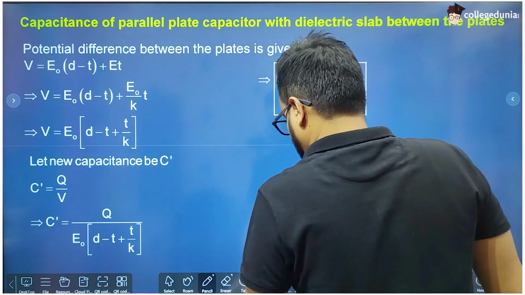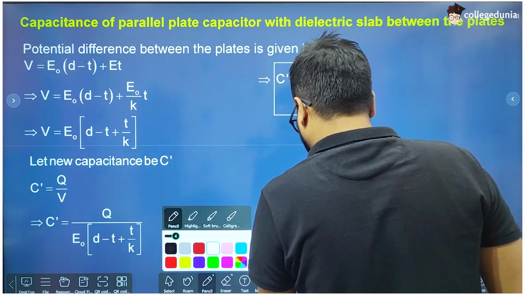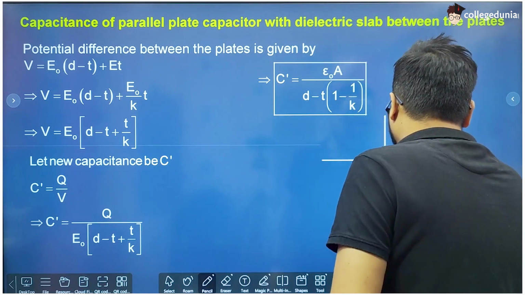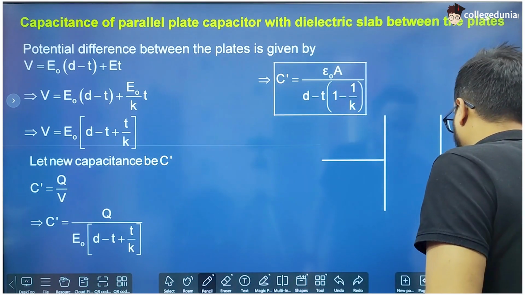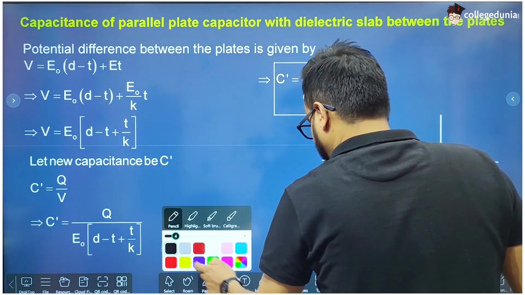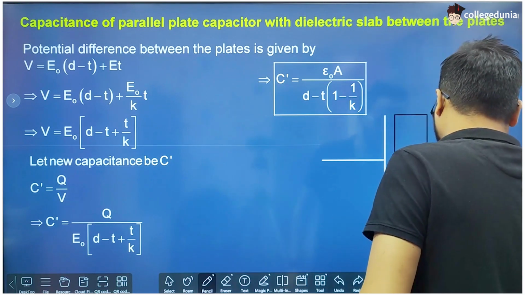So we have a very important derivation in which we are going to find the capacity of a capacitor between the plates of which a dielectric slab is placed like this.